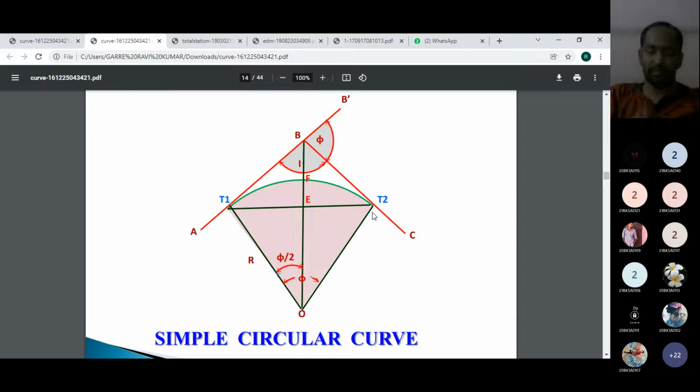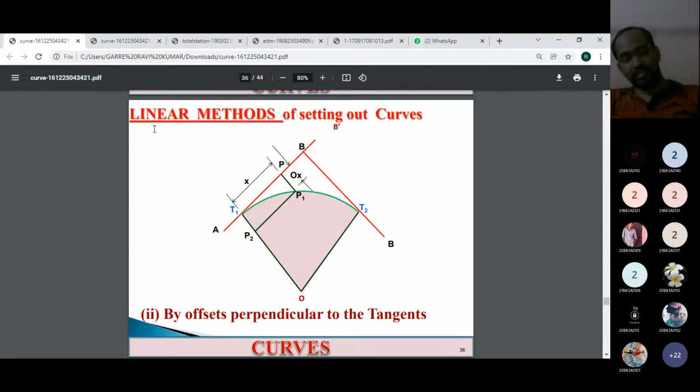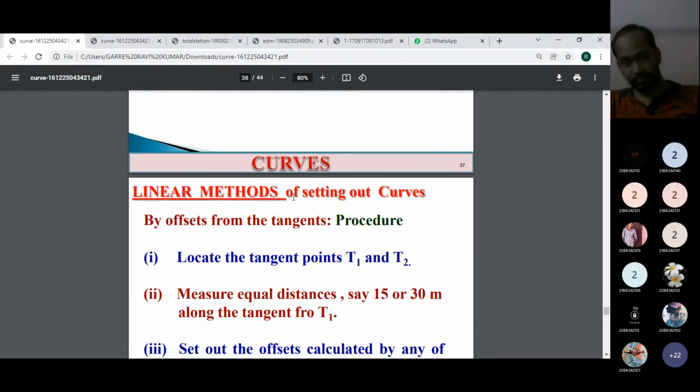From that long chord we can draw different offsets by calculating them. After drawing the offsets from the long chord, we can connect all the offsets. The connected line will form the curve. That's all. By using any of the methods, we can set out the curve here.